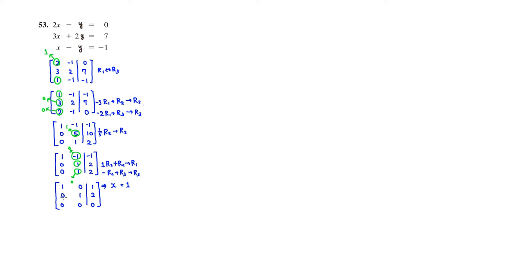Then 0x plus 1y is equal to 2. And the bottom row just says 0 equals 0, so there's nothing wrong with that, but it does not really give you any other information. Therefore, the solution is x comma y is equal to 1 comma 2.